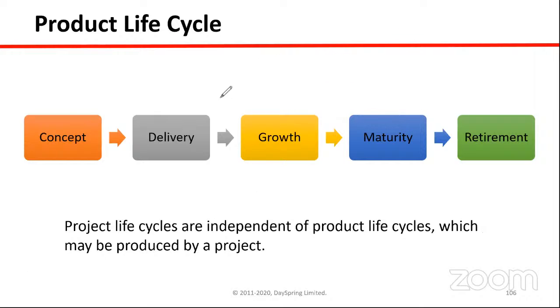But what happens in a product life cycle? As I mentioned earlier, in an operational life cycle, projects sometimes intersect. Similarly, in a product life cycle, projects intersect. For example, when we try to introduce a car in the market, that is in the concept stage. At that time, project P1 is initiated for building that product.